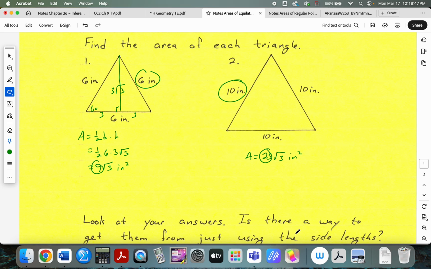It has something to do with half. Okay, so it's not just 1.5 times 6 and 1.5 times 10. That doesn't work.